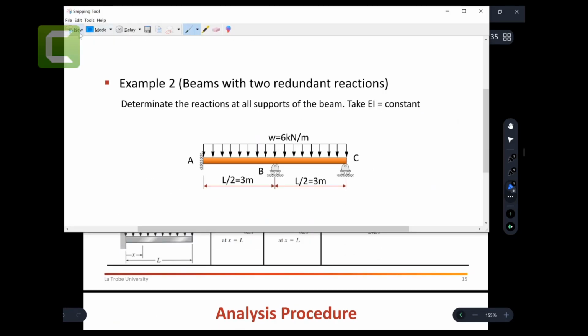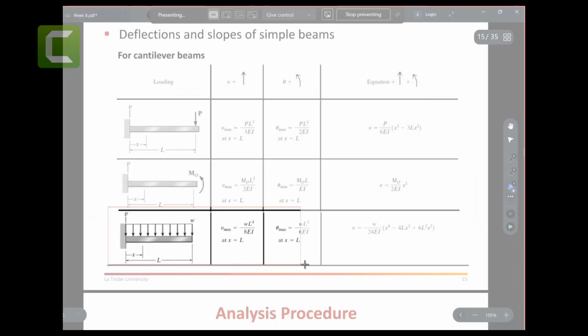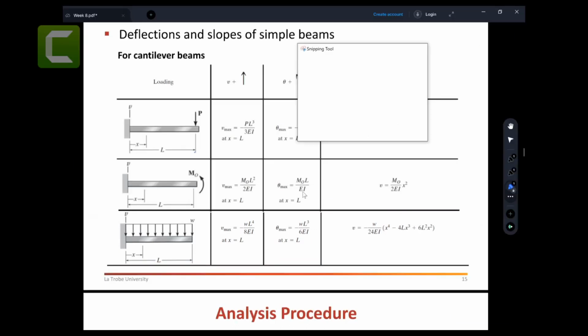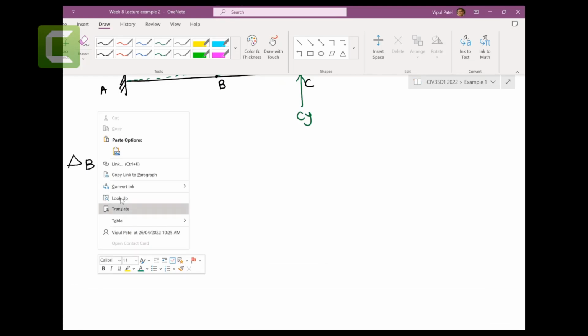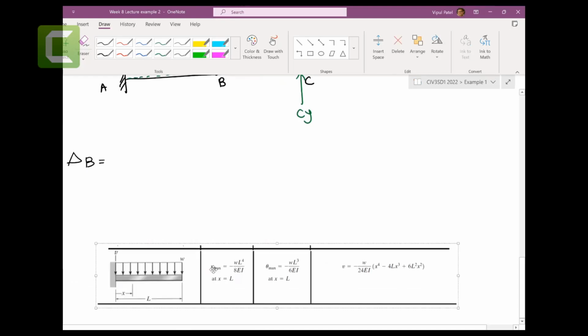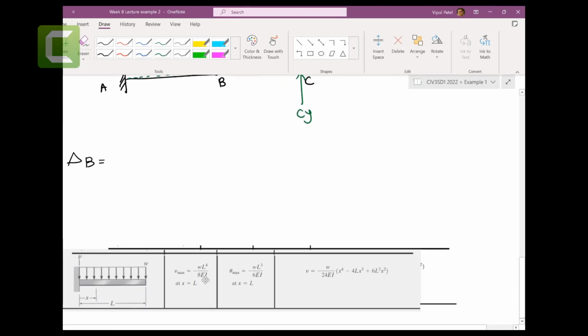Let's get those equations. Copy. Let's get that equation for delta B. We need to find the deflection here. Let's put minus because it's going down.